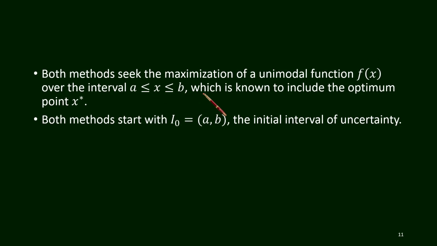And this interval is going to include the optimum point x0. We know that. Both methods start with an interval of uncertainty, that is ab, which is known as the initial interval of uncertainty. So from here we will start our discussion, or you can say our solution.